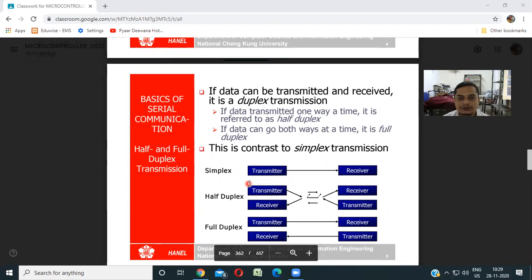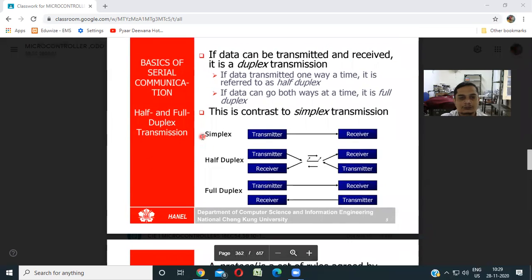The data may also be sent two ways, from the sender to the receiver and from the receiver back to the sender. Data can also be sent as half duplex. This is shown in this figure, where you can observe simplex, half duplex and full duplex.